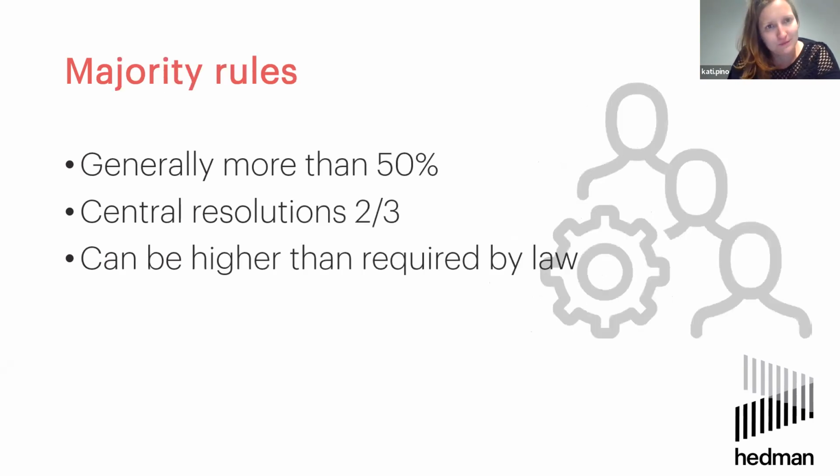So, majority rules means generally that more than 50% have to be in favor of the resolution. Central resolutions require 2/3, and it can be set higher than the minimum required by the law. So you can have that whatever resolution we adopt, 70% need to be in favor.